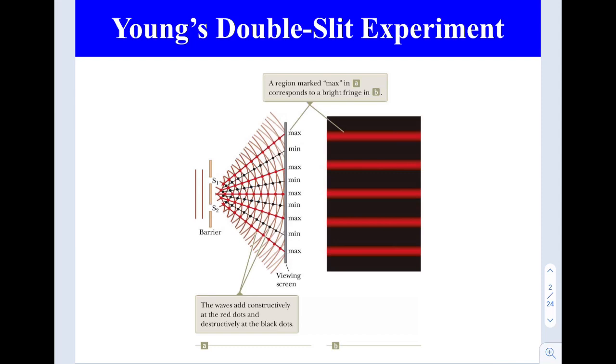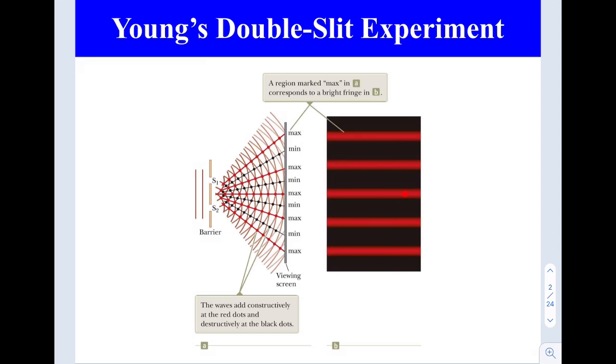When the light coming from S1 and S2 combines and meets at the screen constructively, it produces a bright fringe. When the light from S1 and S2 reaches the screen and combines destructively, it produces a dark fringe. This is what happens at the screen location.